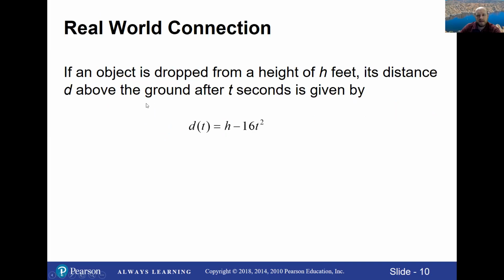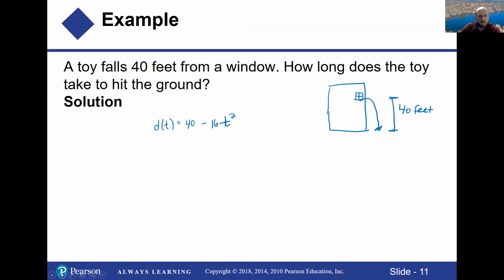D of t is the distance above the ground after t seconds. Well, I know that it's 40 feet above the ground, but this is just a formula, right? So what I do here is I set this equal to 0, basically.